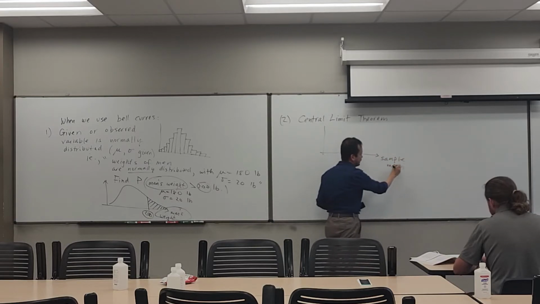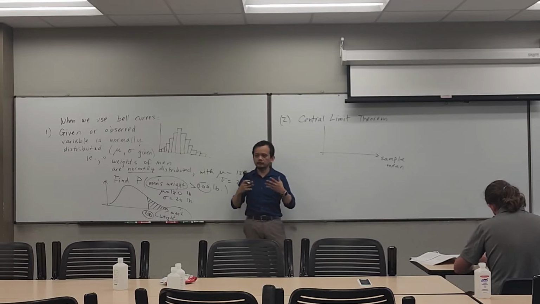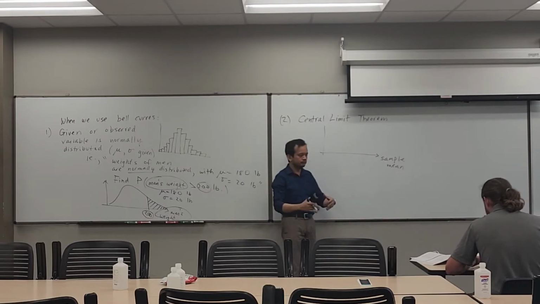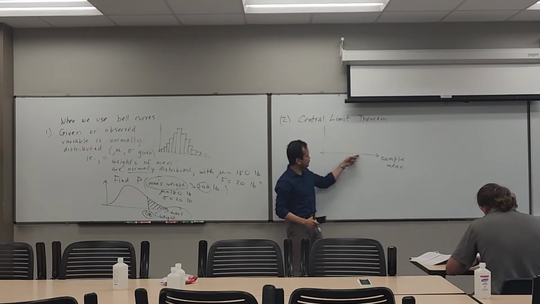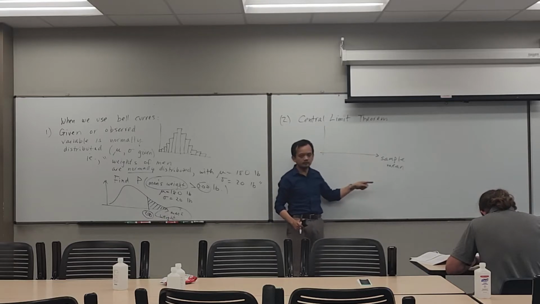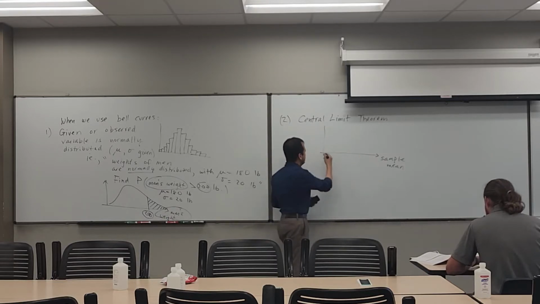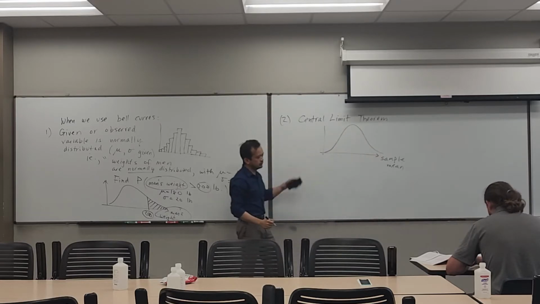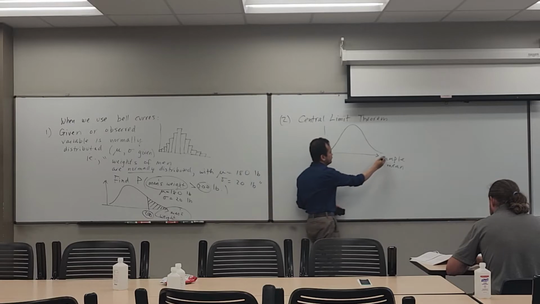So if you have a particular sample of whatever size, like size 50 people or size 100 people, and you take the average of that sample, and then you look at how often that value occurs for the entire set of all sample means, then the shape of this distribution will end up being a bell curve.